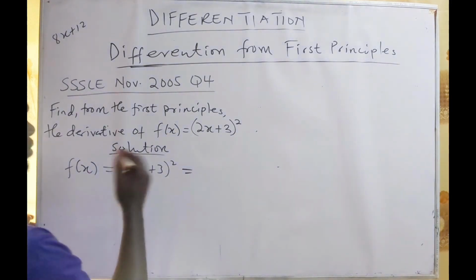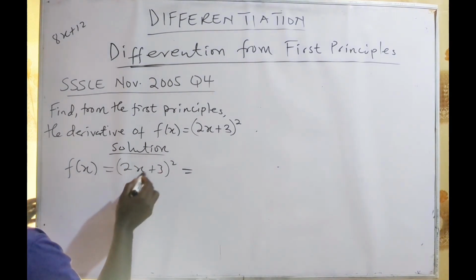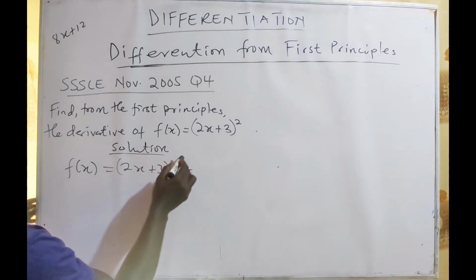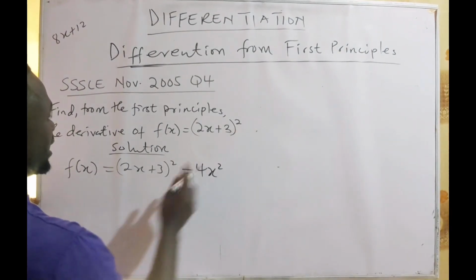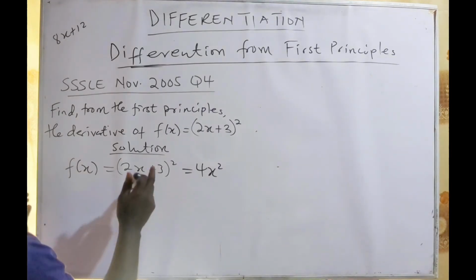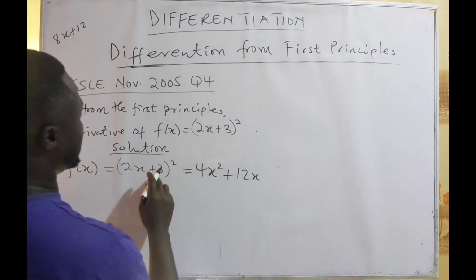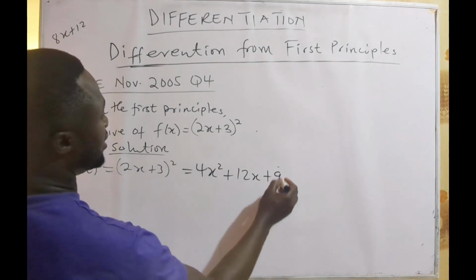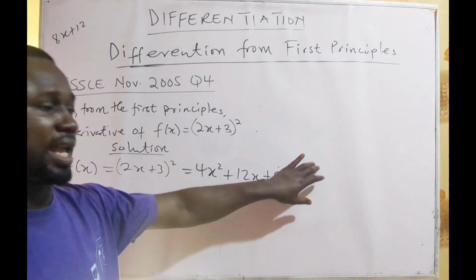We take the term 2x and square it, that gives us 4x squared as we did here. Then 2x times 3 gives us 6x, times 2, that will be 12x. Then 3 squared gives us 9. So our f of x is 4x squared plus 12x plus 9.